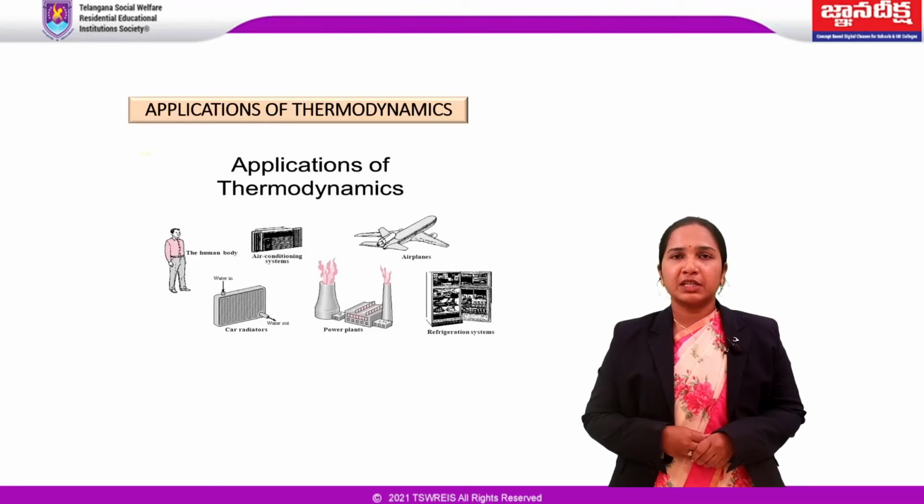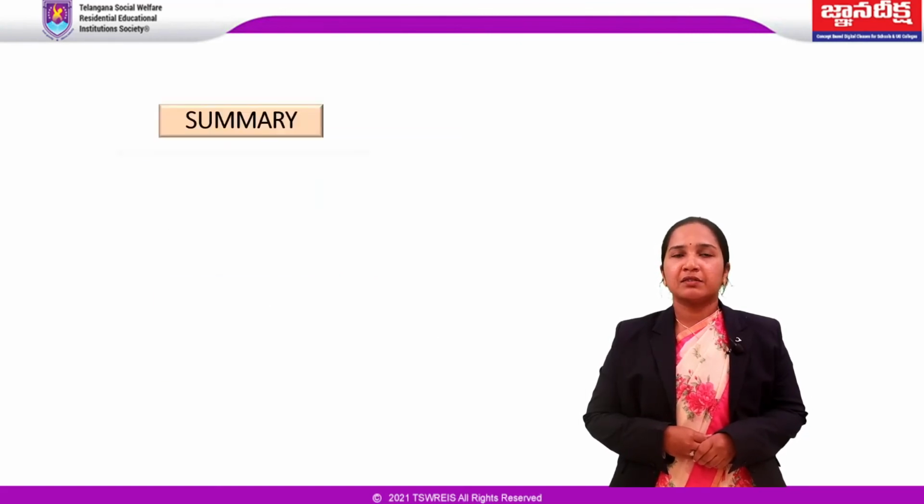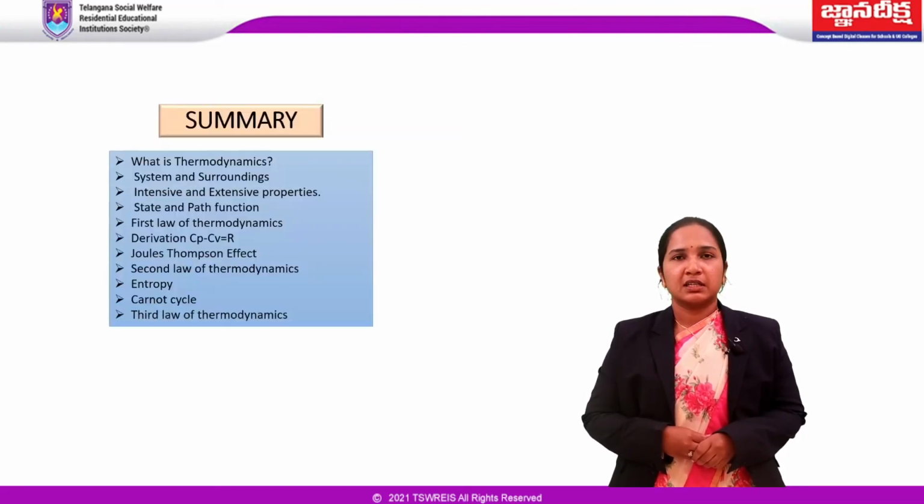So the summary of today's session is: today we have learned about thermodynamics. Thermodynamics is the science of the relationship between heat, work and energy. We have studied system and surroundings. Under system, we have studied open system, closed system and isolated system.